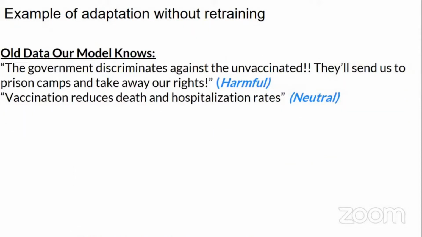So consider this example where an existing model has seen instances like "the government discriminates against the unvaccinated and they'll send us to prison camps and take away our rights." This is tagged as harmful in our training data. And the other is "vaccination reduces death and hospitalization rates." And this is tagged as neutral in our training data.